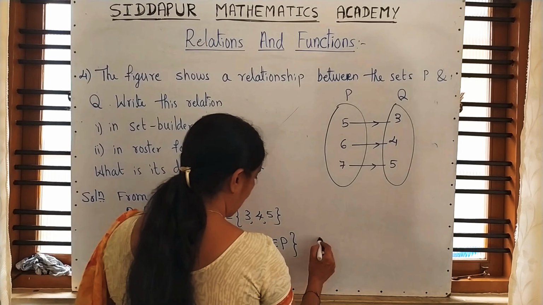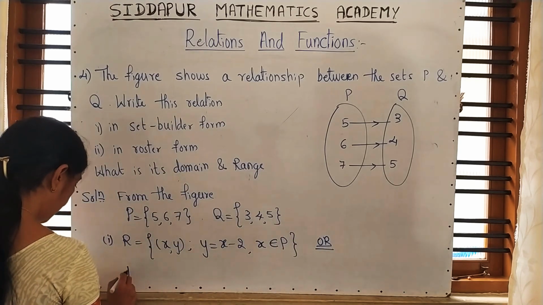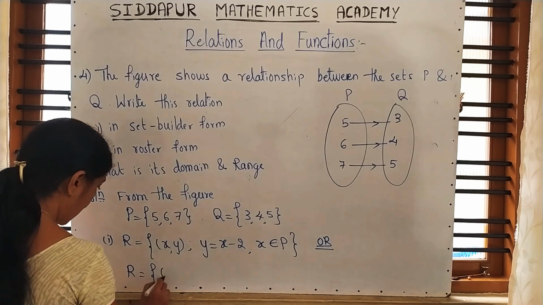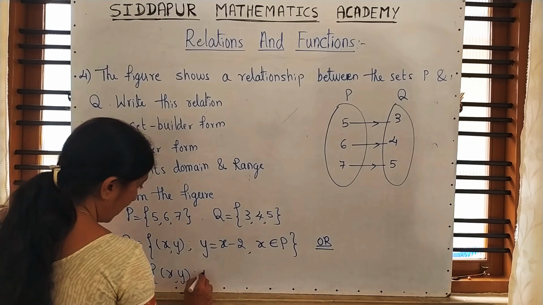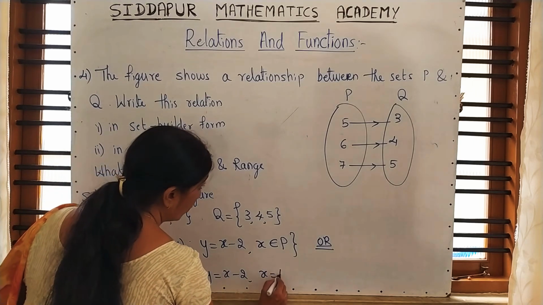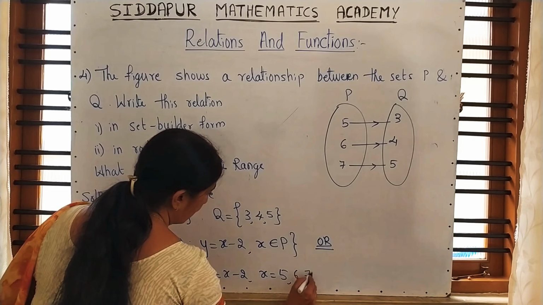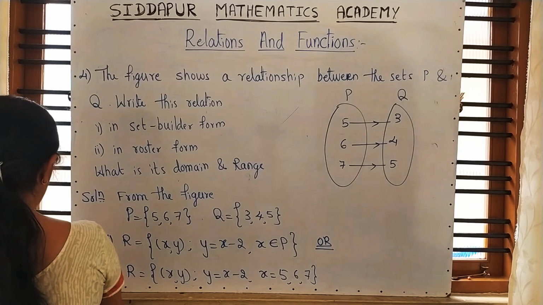Or you can write another representation. R is nothing but {(x, y): y = x - 2 and x = 5, 6, 7}. You can select only these numbers. This is the set builder form.